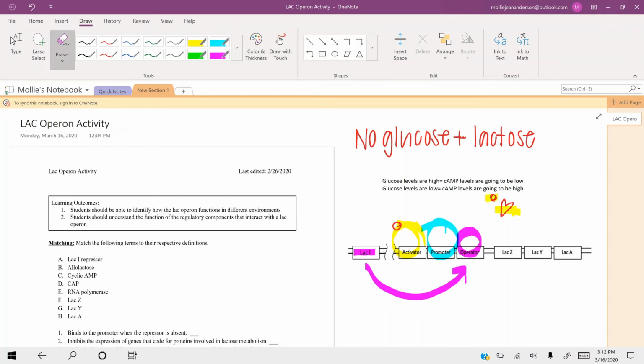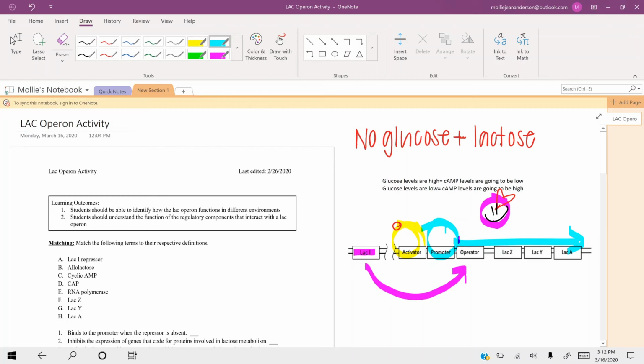Well, allolactose is going to bind to the repressor because that's all he wants. He's a stubborn little guy that just wants some allolactose. And then when he gets his allolactose, he's going to lift up off of the operator, therefore allowing RNA polymerase to move along this strand of DNA and transcribe these 3 genes more quickly.